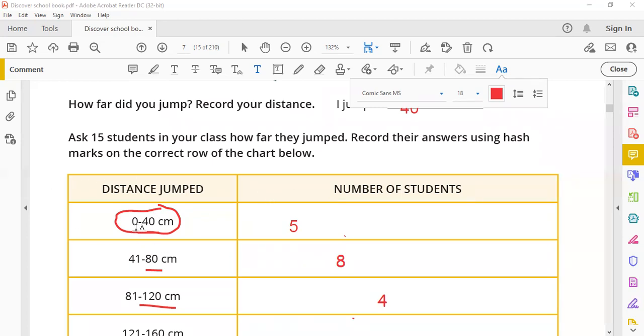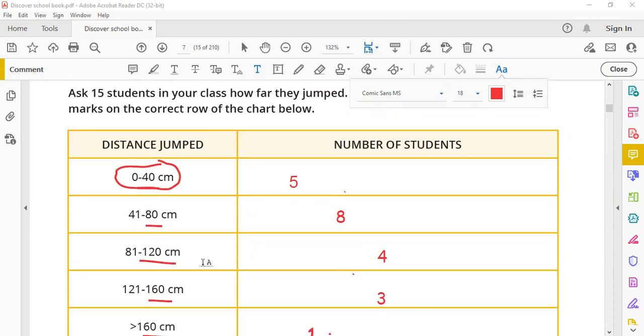Okay. Here we have centimeters. It's jump. Who can jump for 40 centimeters? We wrote 5 students. 5 students can jump for 40 centimeters. And for 80 centimeters, how many students? We write 8 students. 8 students can jump for 80 centimeters. 120 centimeters.